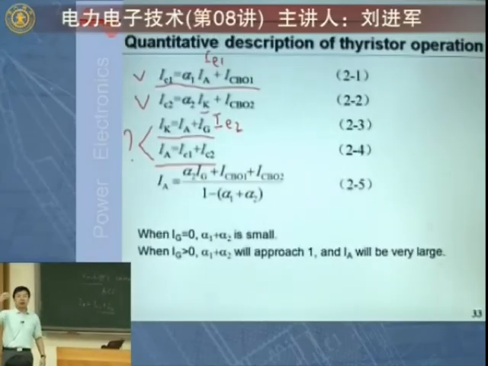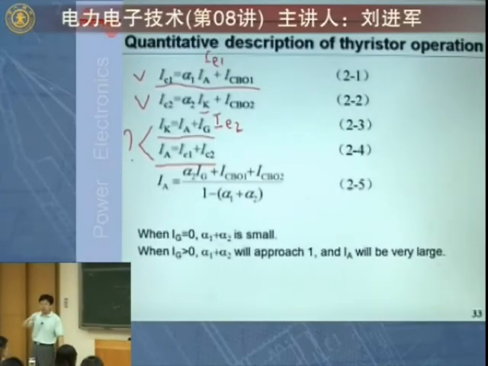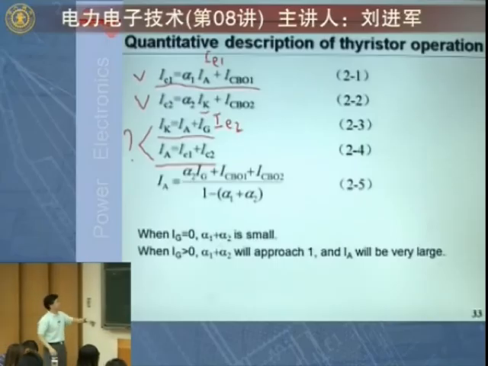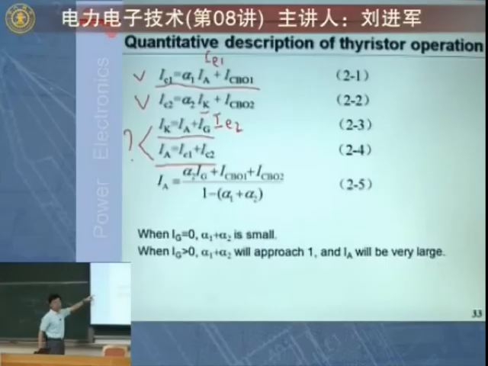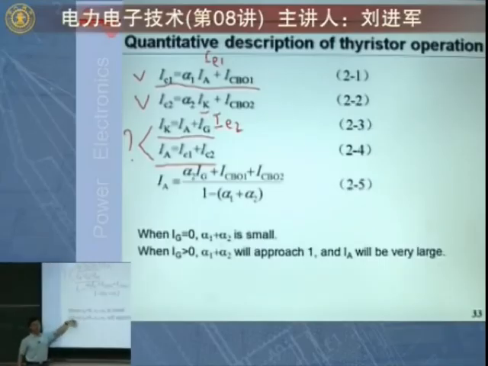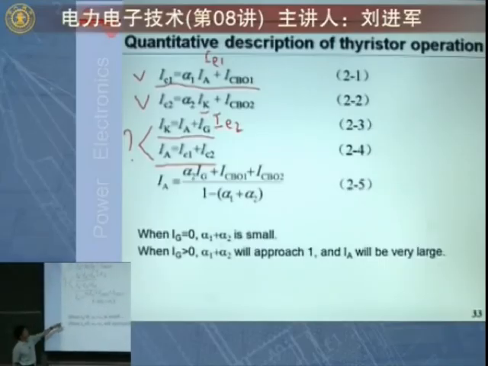And combining all these four equations, you can get equation 5. IA can be written as this equation.